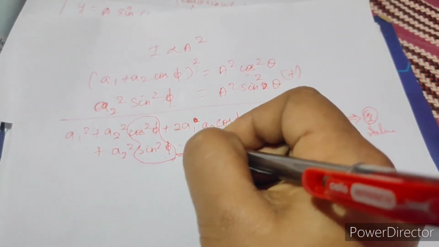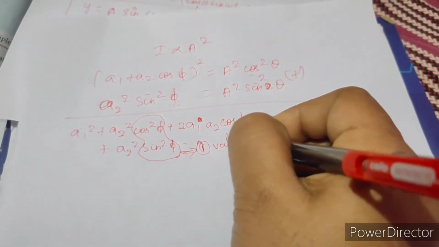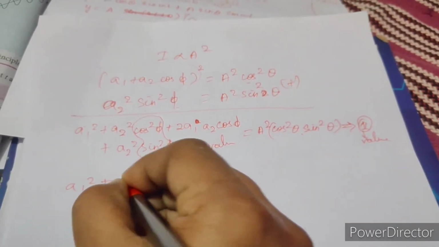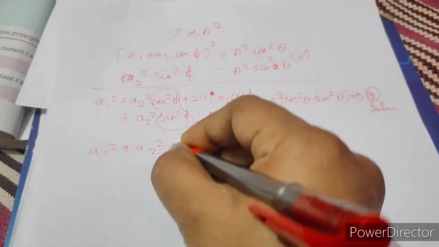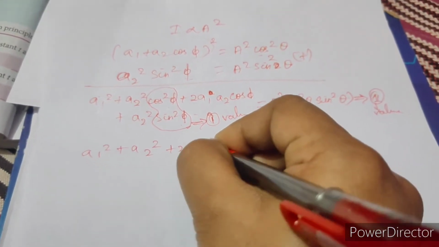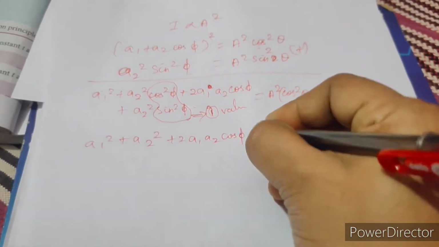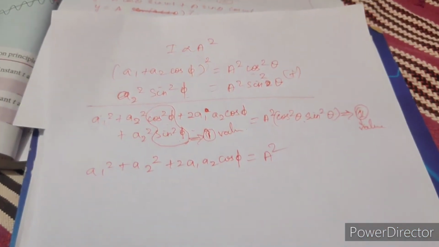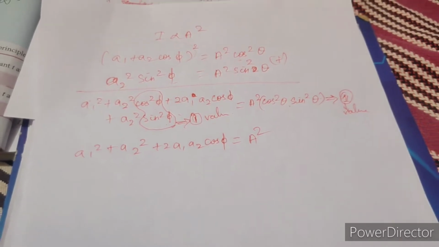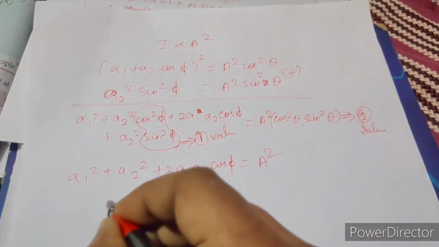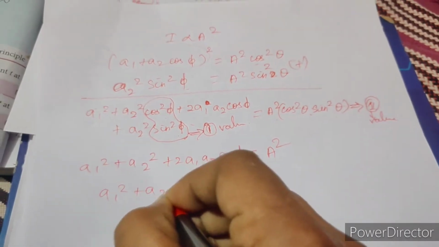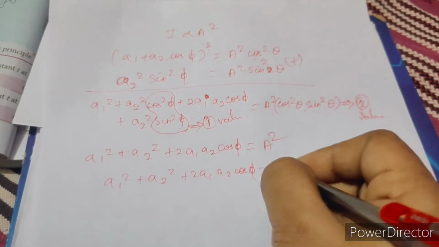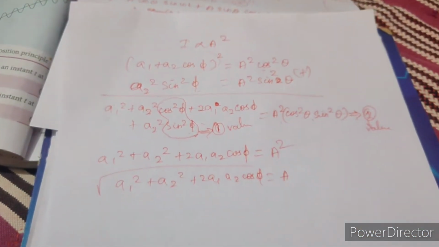So what will come? A1 squared plus A2 squared plus 2 A1 A2 cos phi is equal to only this A squared, because the total value will be 1. I'm going to change this equation as A equals the root of A1 squared plus A2 squared plus 2 A1 A2 cos phi.